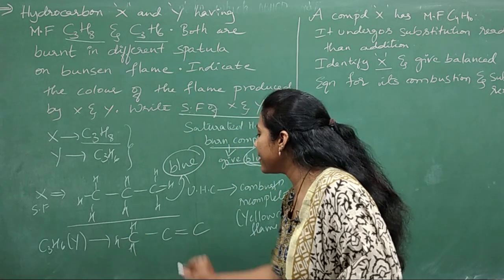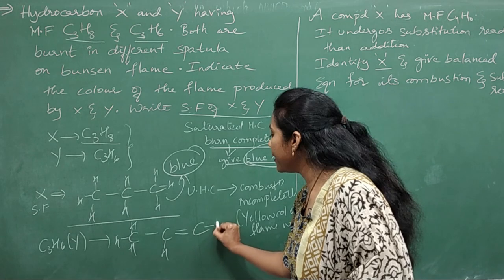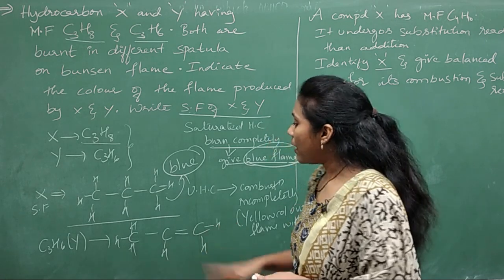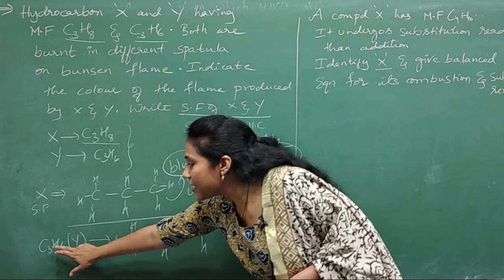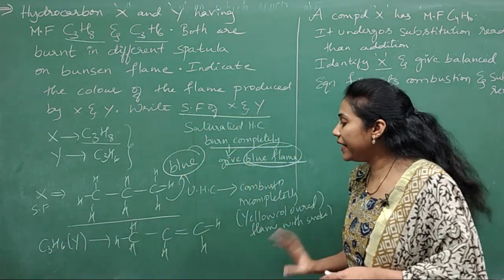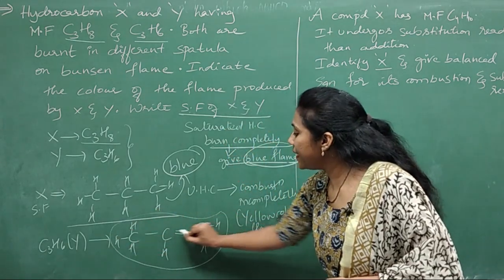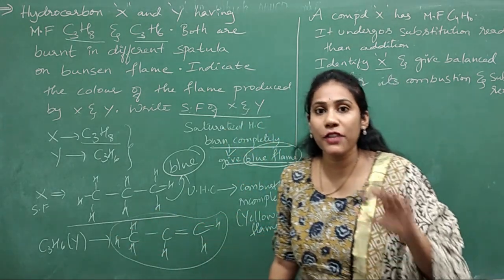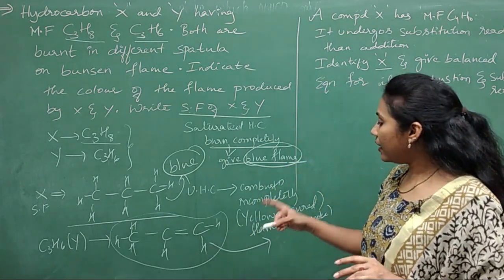This carbon has 3 bonds already there, 1 hydrogen, and here it will have 2 hydrogens. So how many hydrogens? 1, 2, 3, 4, 5, 6. So you have given justice for this particular formula, right? So now you see this compound has C double bond C, that is unsaturated hydrocarbon. So definitely it will give you what colored flame?